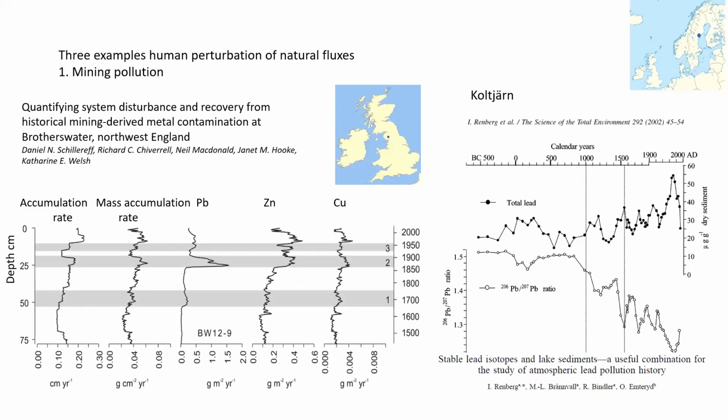So this first example relates to mining production. And the figure on the left we can see is from Brothers Water in the English Lake District, and represents about 500 years of record. And we can see mineral accumulation rates, we can see lead, zinc and copper fluxes.